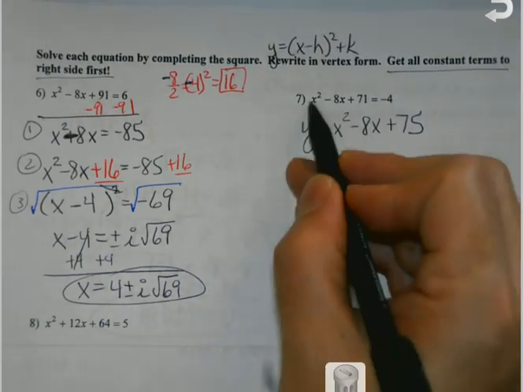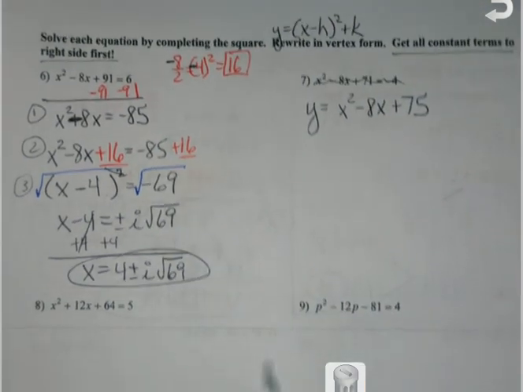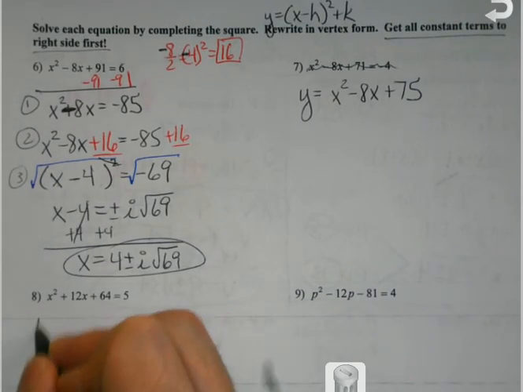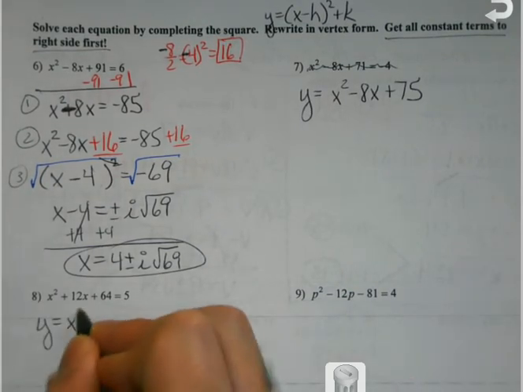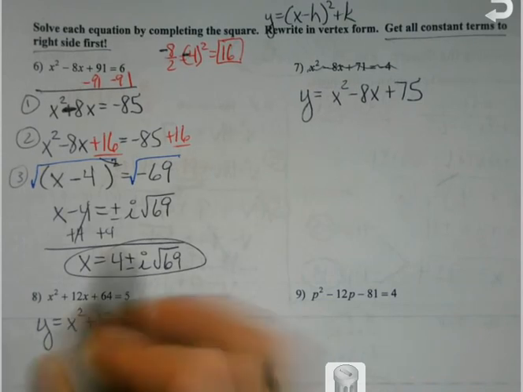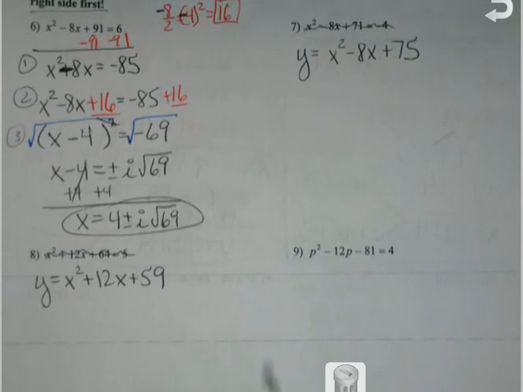So what we're going to do is, in all these, I didn't get my y equals on here when I put these together. That's all on me. So we are going to fix this up.